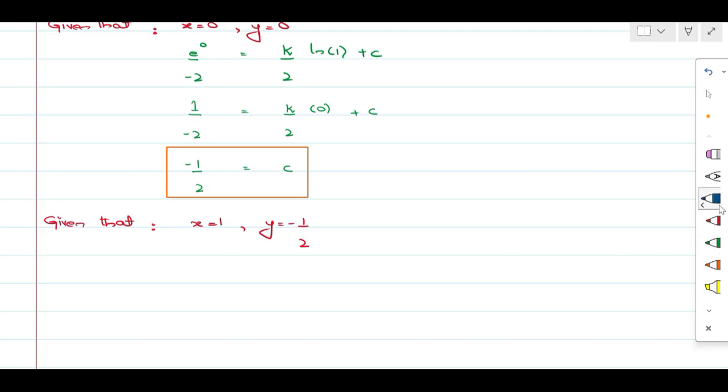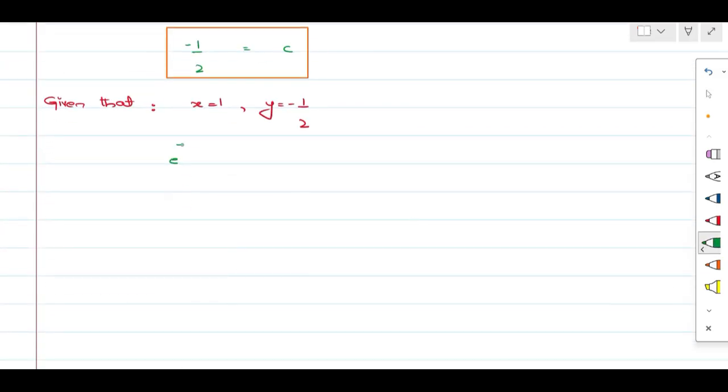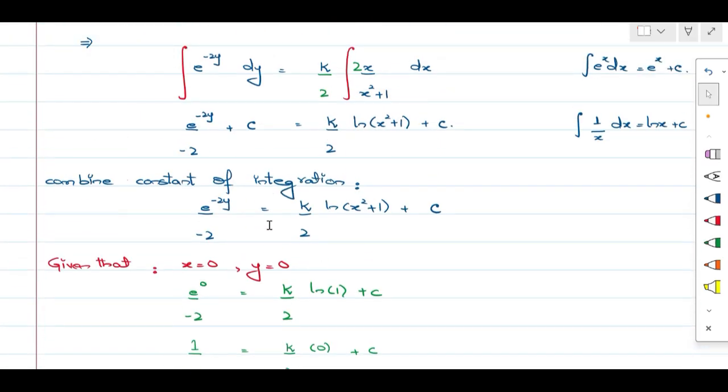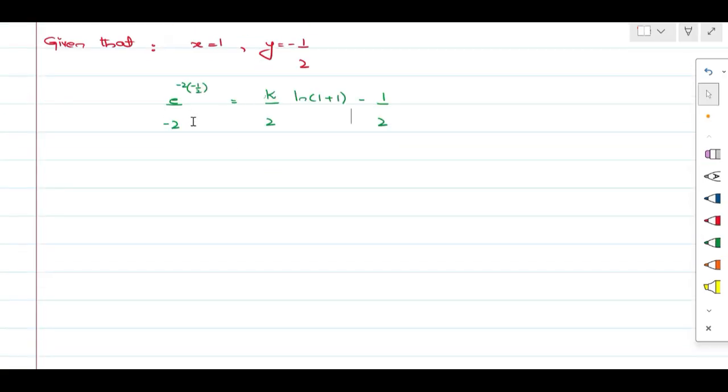Let me substitute this condition: e to the power minus 2y, so minus 2 times y, which is minus 1 by 2, divided by negative 2 equals k by 2 times natural log of x squared plus 1, that is 1 squared plus 1, plus the c value, which is negative 1 by 2. So now this is negative 2, this is negative 2, and this cancels out.